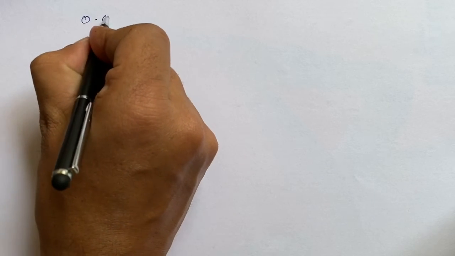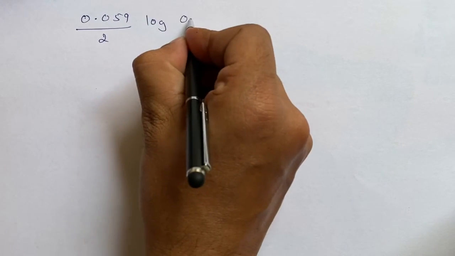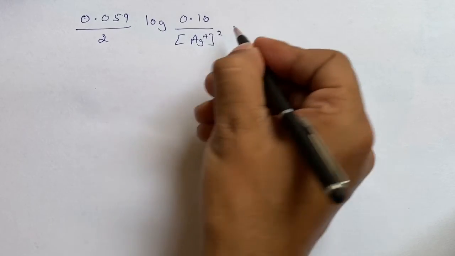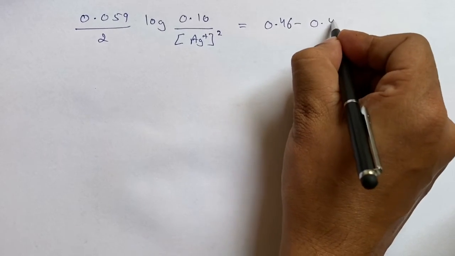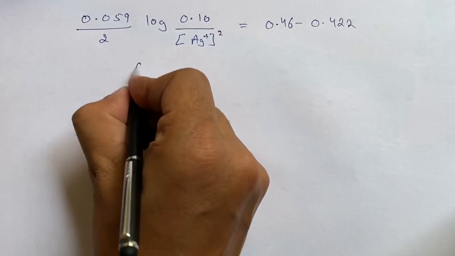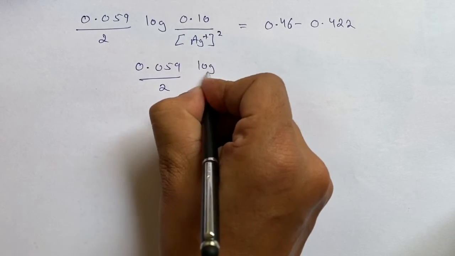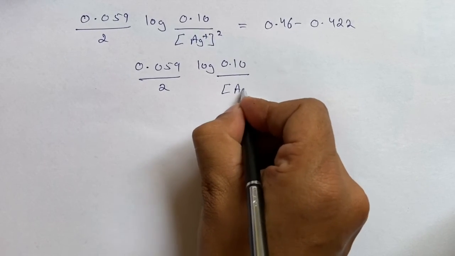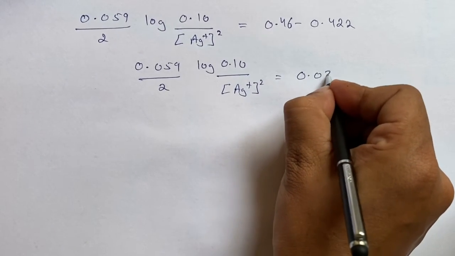Now by solving the equation, 0.059 divided by 2 log of 0.10 divided by [Ag+] power 2 equals 0.46 minus 0.422. Now 0.059 divided by 2 log of 0.10 divided by [Ag+] power 2 equals 0.038.